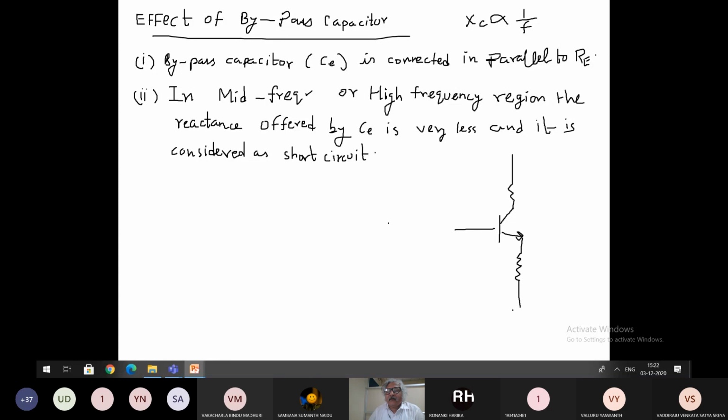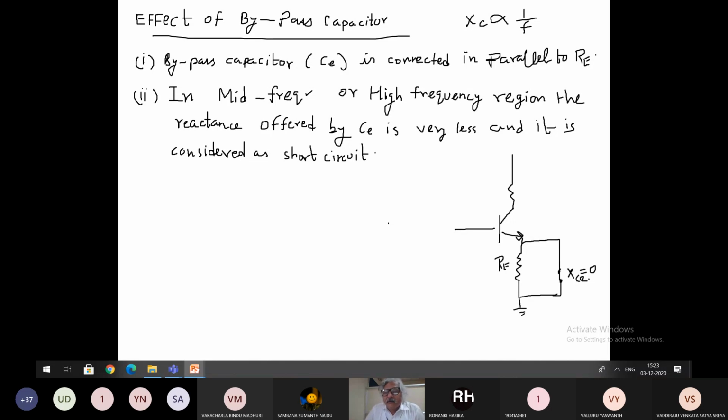Here there is RE, and in parallel we have the capacitor. But at high frequency it acts as a short circuit. So here you can see the capacitive reactance XCE of the CE capacitor is 0.